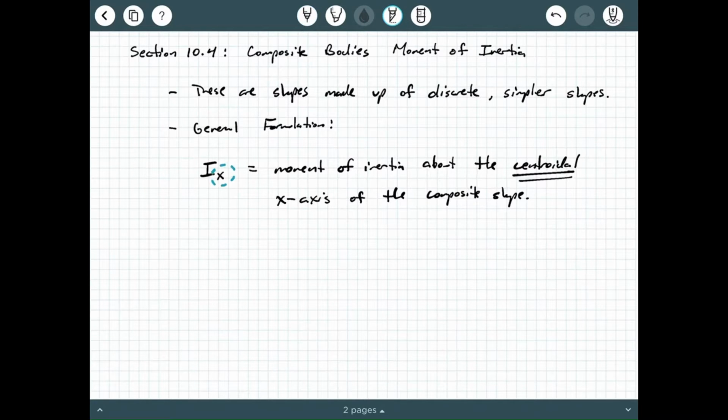Okay, so the x indicates the centroidal x-axis, and we're going to write that as I sub x equals the summation of I sub x sub i plus a sub i d sub y sub i squared as i goes from 1 to n.